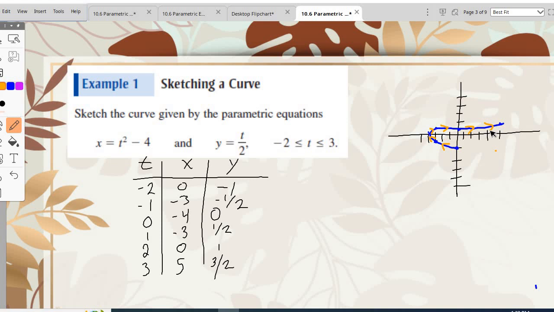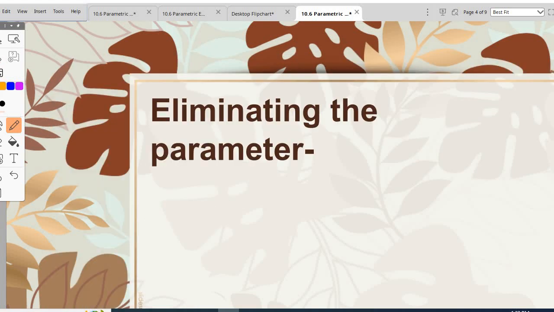Rectangular is usually what it's called now. Cartesian plane is the older term, but sometimes you'll still see both in your textbook. So to eliminate a parameter, like I said, we're finding the rectangular x, y equation.